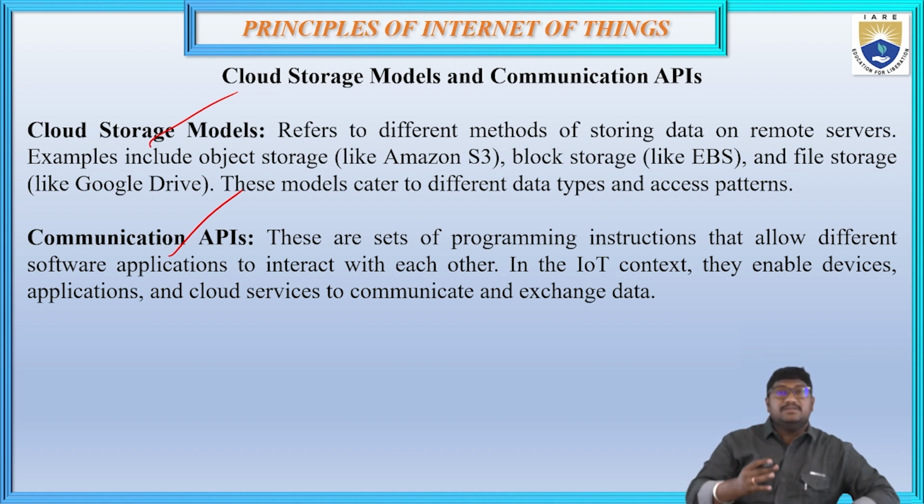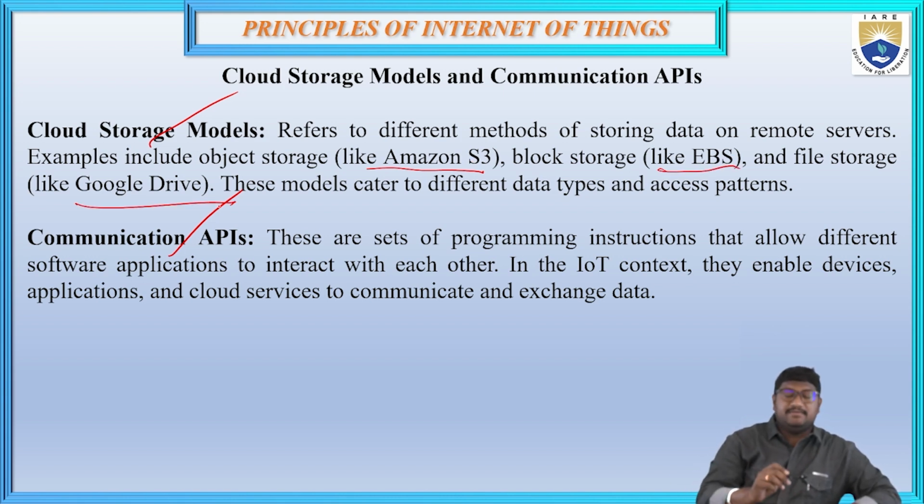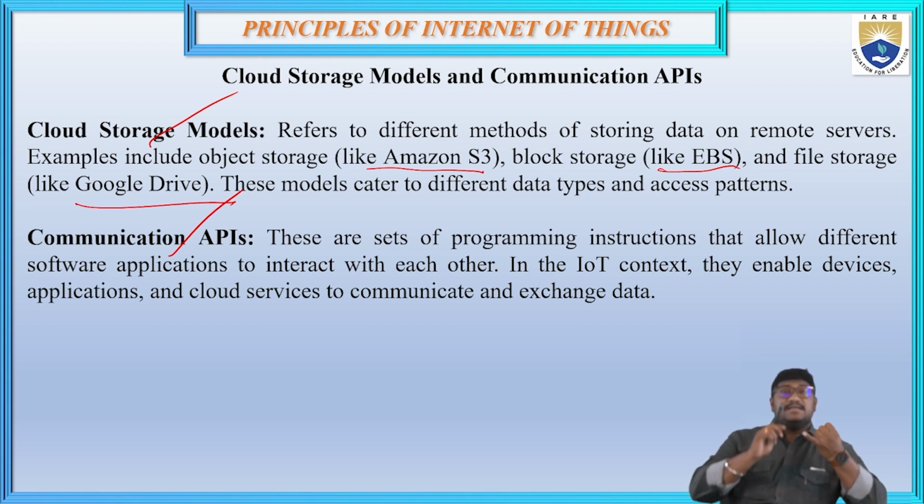Examples include object storage, like the well-known product Amazon S3, block storage, EBS, and file storage, Google Drive. These are the best examples for the three different kinds of storage models: object storage, block storage, and file storage. These are the three models.